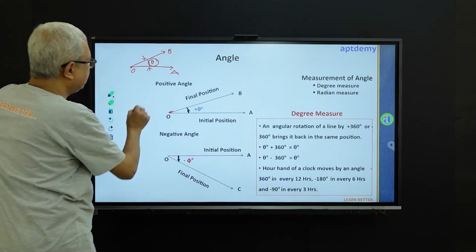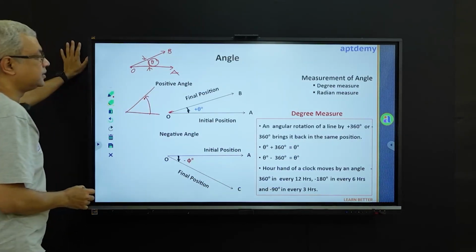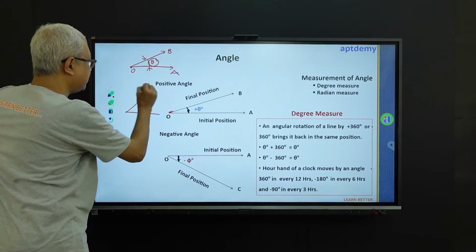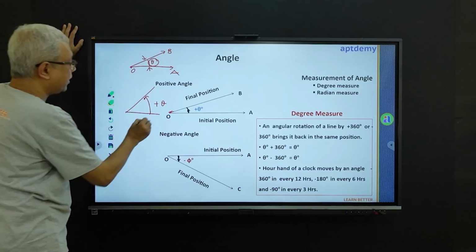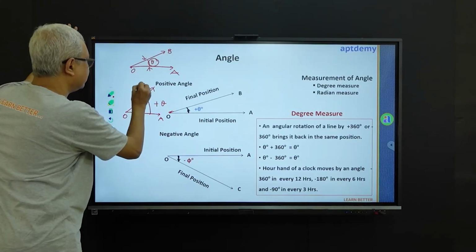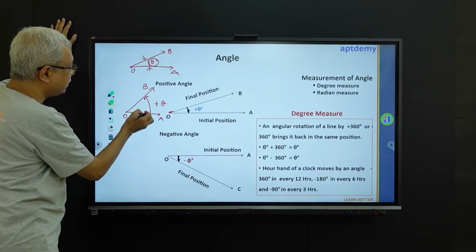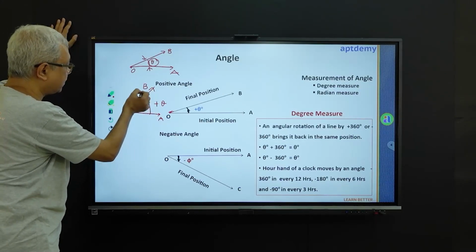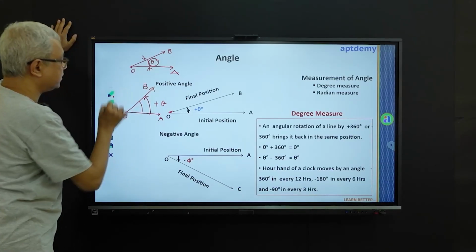Now, if the rotation is in anti-clockwise direction, then we call this angle theta a positive angle with respect to the initial position OA. That means the line has moved from its initial position OA to OB, and for that it has rotated in the anti-clockwise direction and the angle traced is theta.